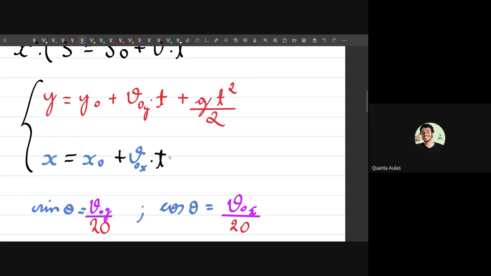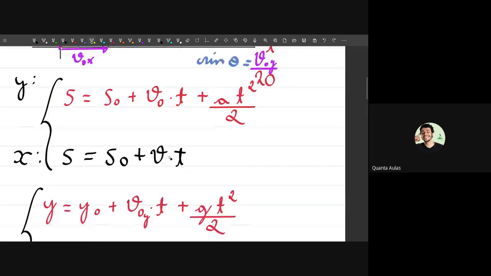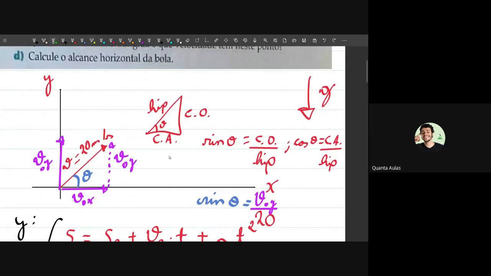Now we have all the information, but you are probably thinking about this. This is a choice. My choice is that this value is 0, okay? Because here is the reference of our graph. So I put 0 because it's easier to do the math, okay? So here is 0.